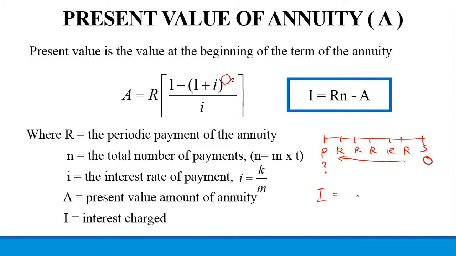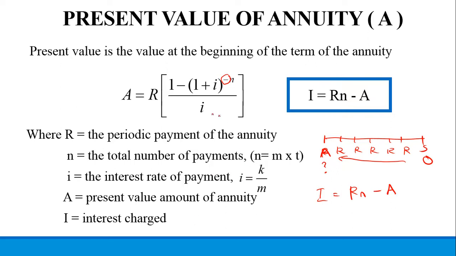So this is how you find the interest. Interest is equal to Rn minus A, the amount you pay every month multiplied by n, the number of times you pay, minus A at the front.